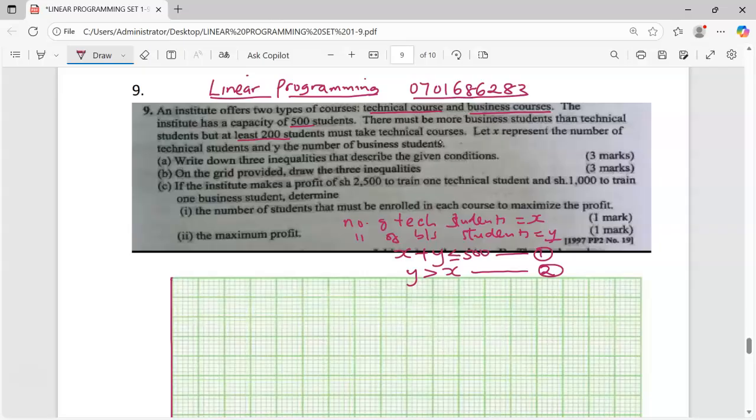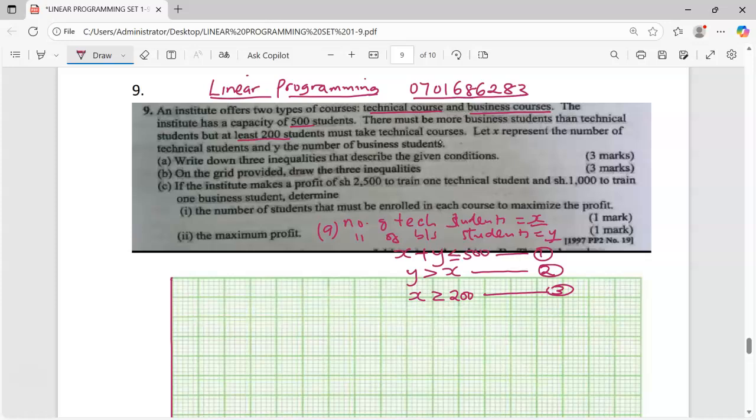The number of students taking technical courses are X, meaning X must be greater or equal to 200, since at least means what is mentioned and above, and this becomes the third inequality. Part A already is done because we are supposed to write down three inequalities that describe the given conditions.